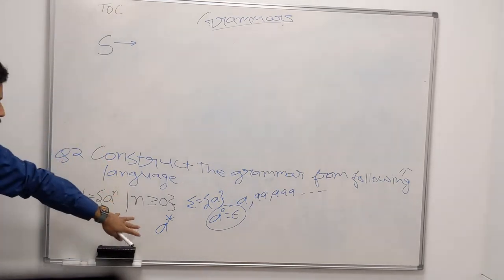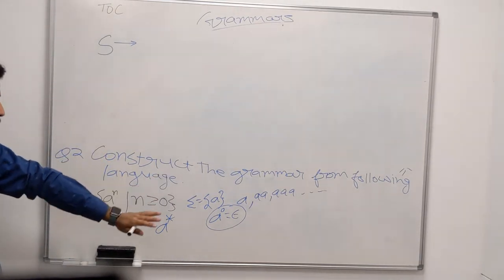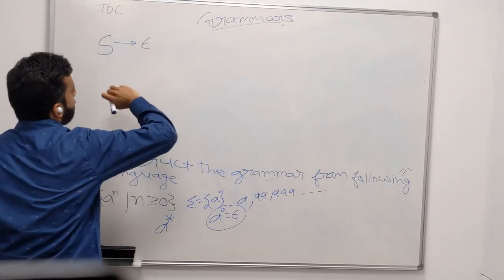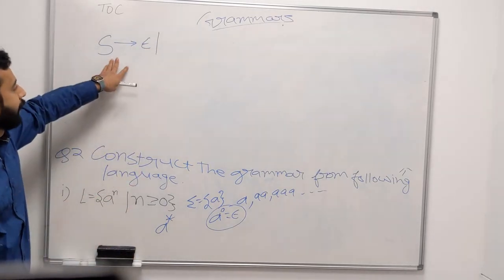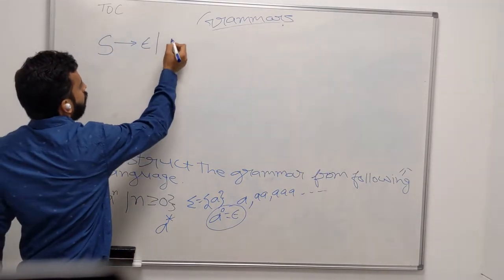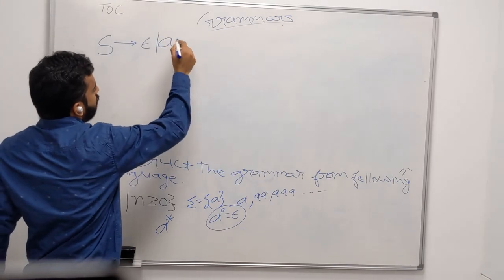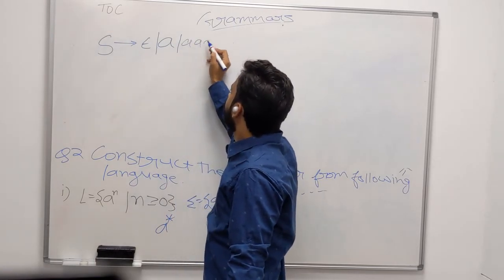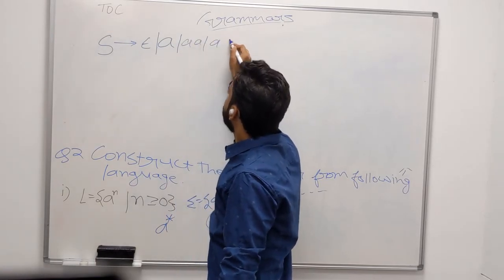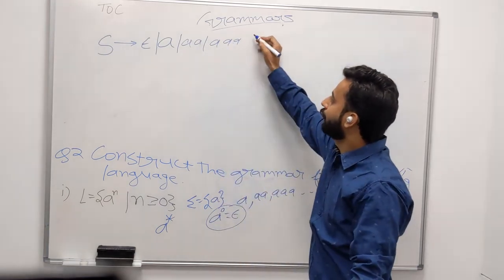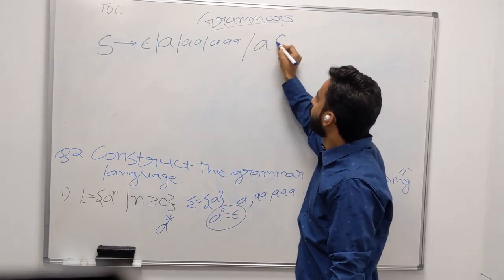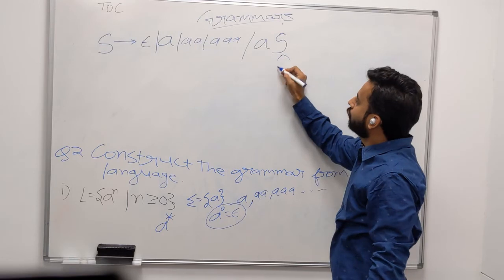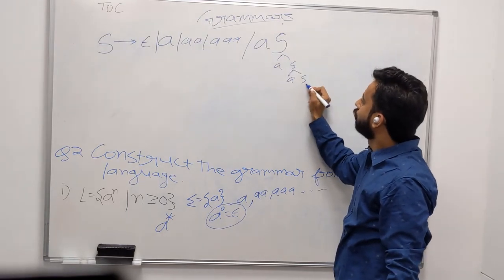Now you have to derive. The minimal string you get is epsilon, so I am writing epsilon first. Epsilon you can derive. What next? You can derive A, and just after A, you can derive any number of A. You can also derive double A, triple A. Instead of writing all this, I say A followed by S, and from this S you can again replace it by AS, again AS, again AS.